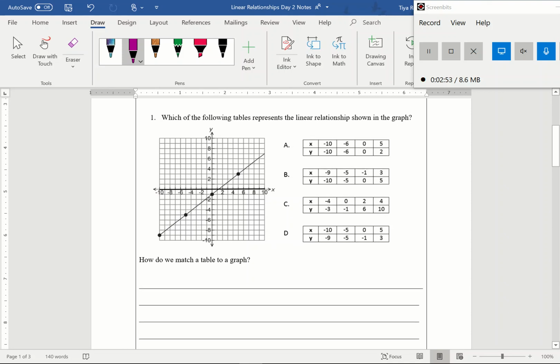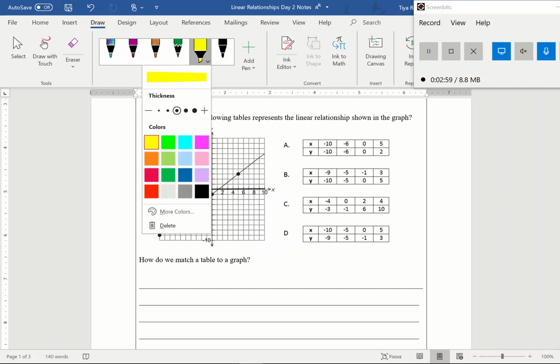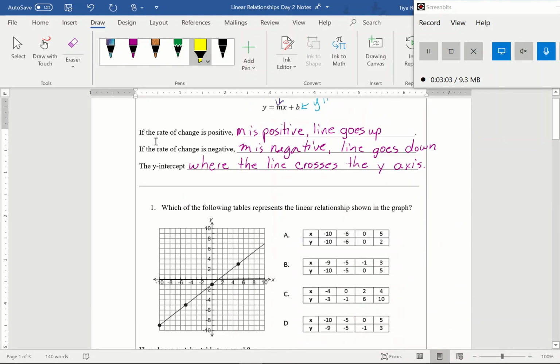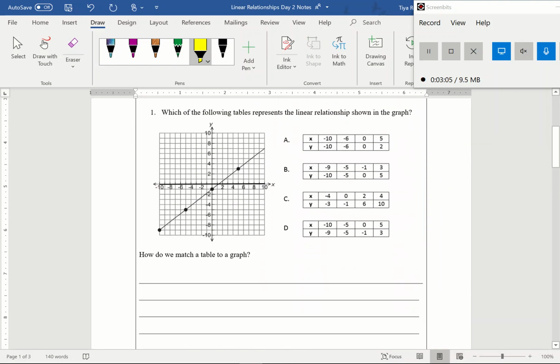So, number 1 says, which of the following represents the linear relationship shown on the graph? We're going to take our highlighter and highlight the y-axis. That is important. Now you can pick the y-intercept.